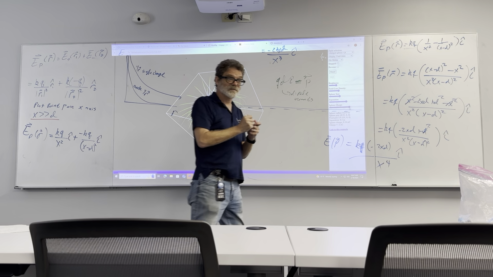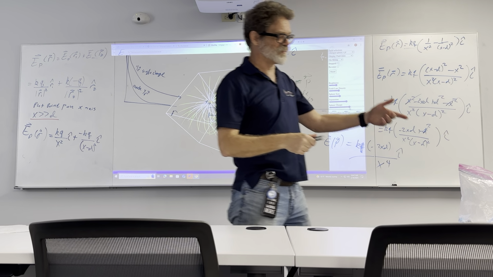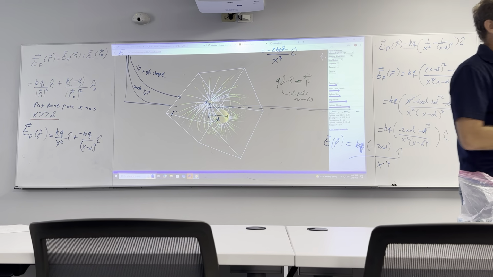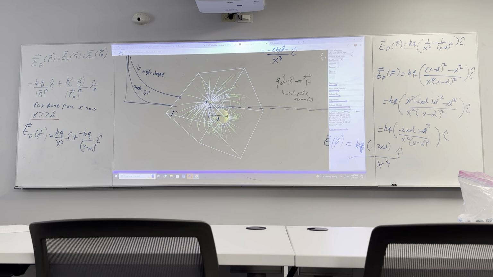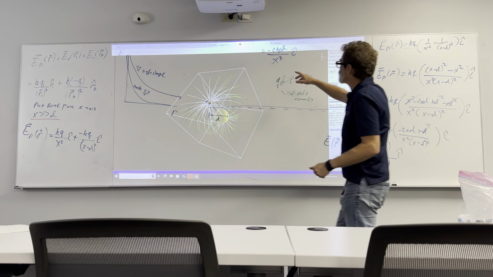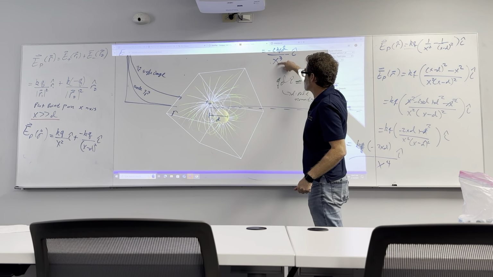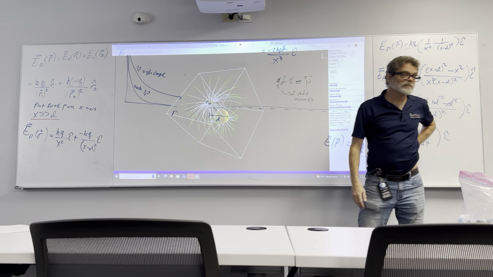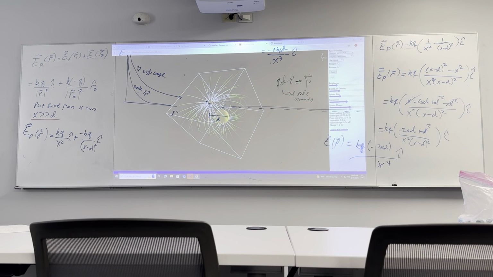You're going to talk about dipole moment in chemistry. When you talk about the dipole moment, it's the q times the separation of the dipole. So this you could write as minus 2k times the dipole moment over x cubed. So when you hear that in chemistry, dipole moment, that's what they're talking about: the charge times the separation.